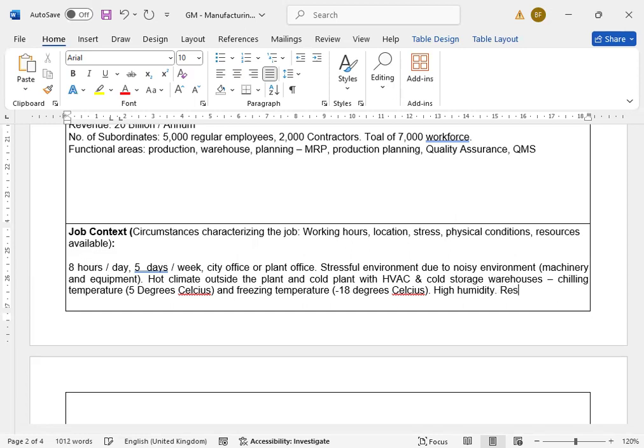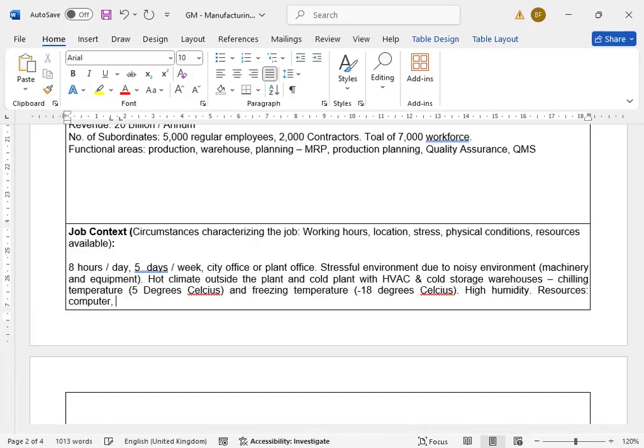For the resources, you have to provide a computer, or you have to provide a laptop. This is a general manager. You have to provide an iPad, and iPhone products, state of the art gadgets.